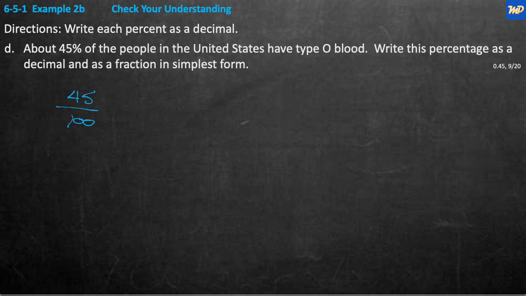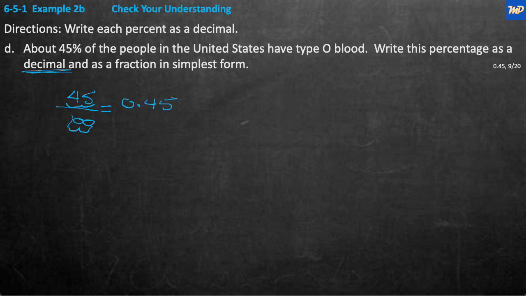To write it as a decimal, I'm just going to say 45 over 100 is 0.45. And I did that by moving the decimal point here 2 times, because there's 2 zeros in 100.